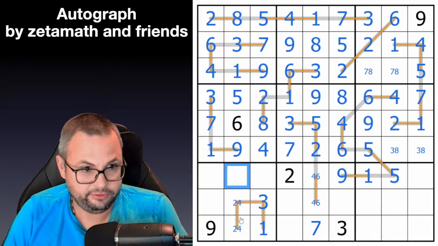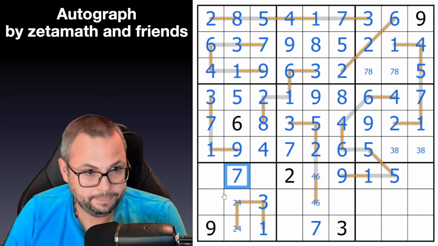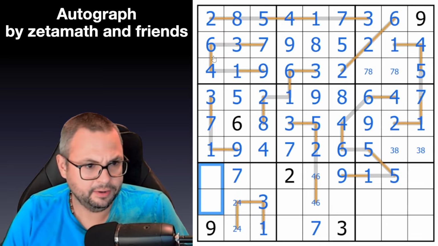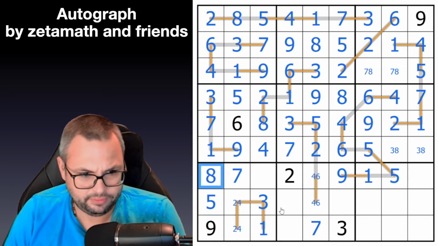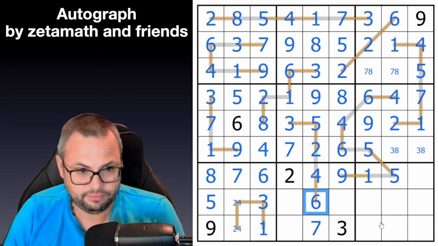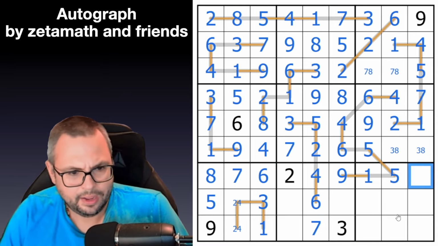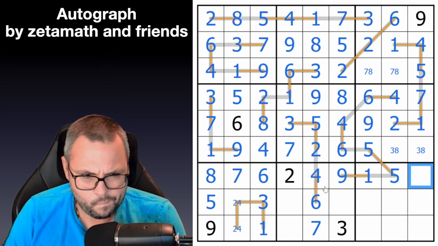Let's fill in this digit. It's a 7. What about this pair? It is a 5, which goes there, and an 8, which goes there. And then that is the 6 for the box. So that's a 4 and a 6. I seem to have this digit left in this row.